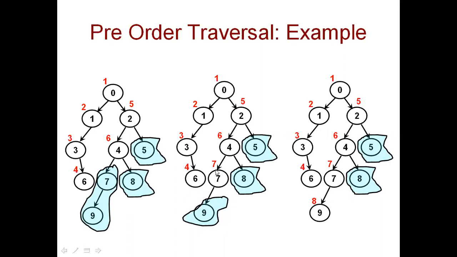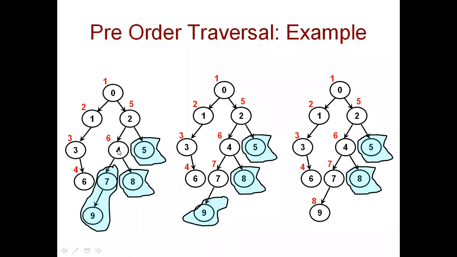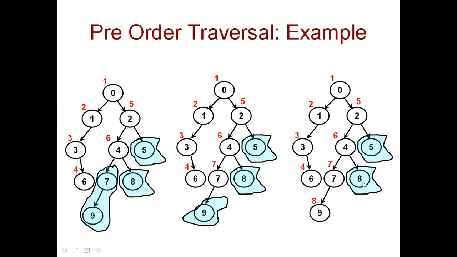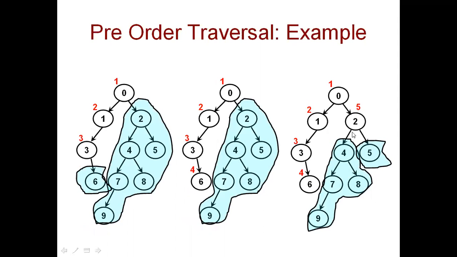So now we can say we are done with this left subtree, go to the right subtree of 4, and 8 is the vertex that you can print here. Again, that's the root of that subtree. We print it, and then if there's anything to the left of 8, we should have printed it now, but there's nothing to the left of 8, nothing to the right of 8. So we are essentially done with the entire subtree starting from 4.